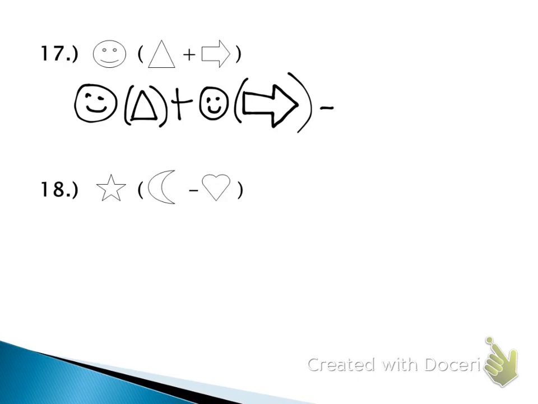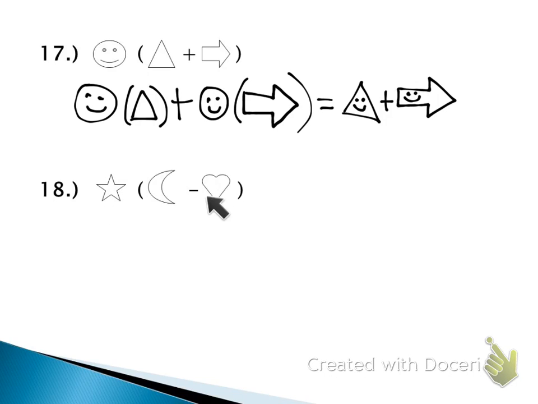We could take this a step further and say, well, then this would make it a smiley triangle plus a smiley arrow. Alright, we're combining them, multiplying them together.